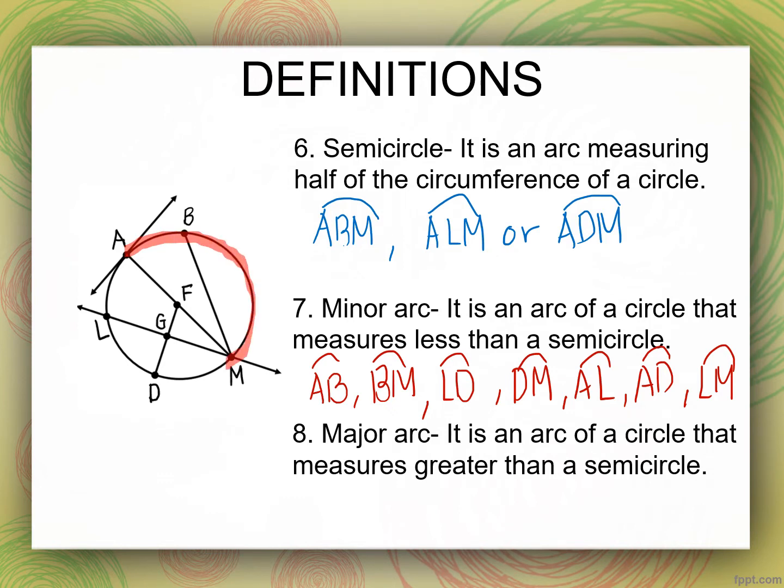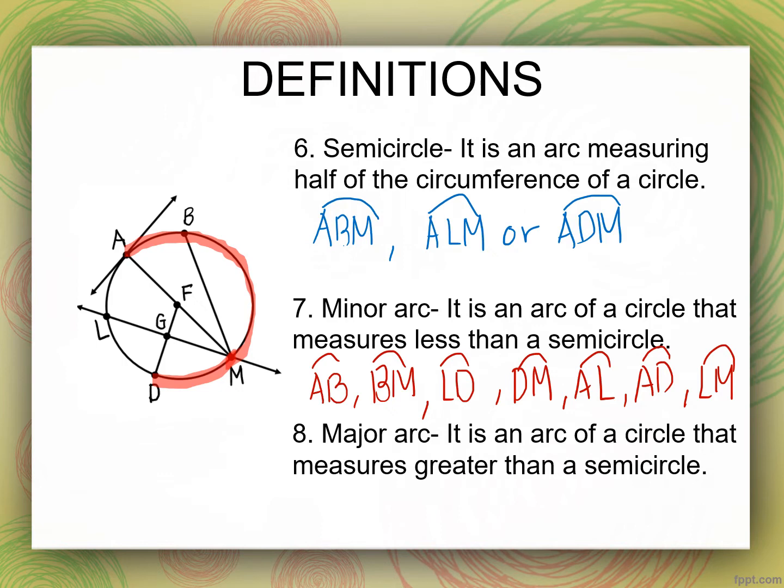Again, it should be greater than a semicircle, so we will add a minor arc here to produce a major arc. So here we have A, B, M, D. Again, just choose three letters to name the major arc.